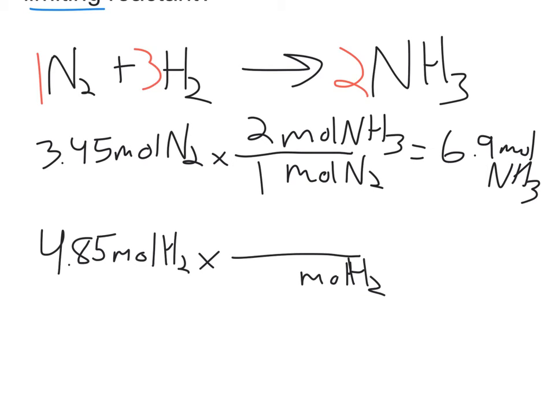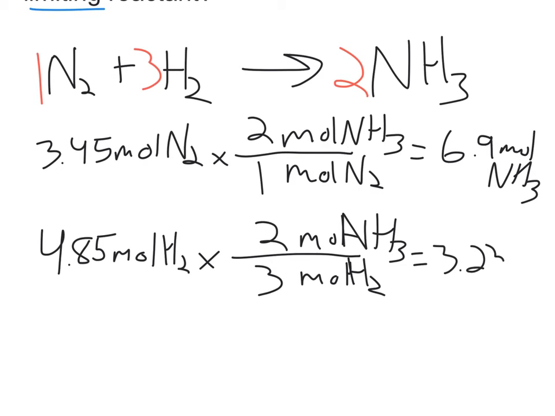I'm trying to get ammonia, so I'm going to put moles NH3 on top. And then, because it's moles over moles, I get my numbers from my balanced equation. Well, hydrogen had a 3 in front of it. NH3 had a 2 in front of it. Okay, so this becomes 4.85 times 2 divided by 3. So let's put that in our calculators. And we come up with 3.23 moles of ammonia.